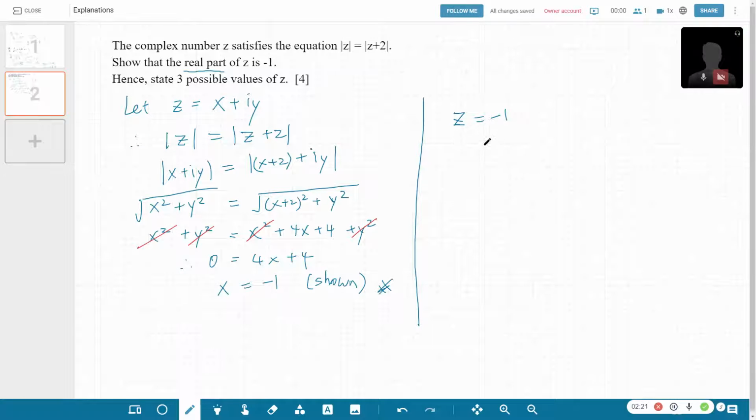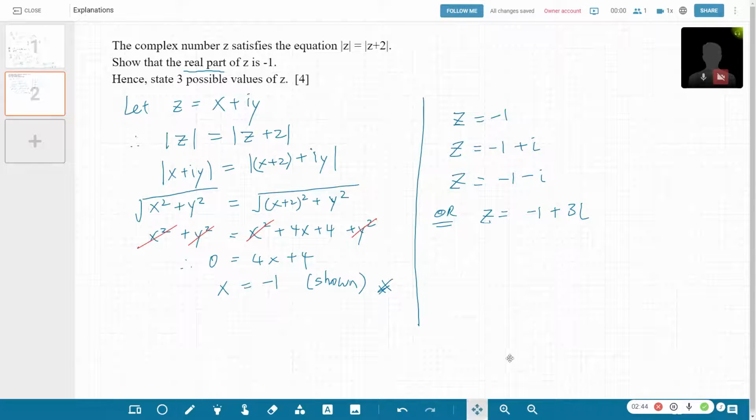That means I can let z also be -1 plus i, or -1 minus i, or -1 plus 2i. It doesn't really matter. Let me put a value, let's say z equals -1 plus 3i. So any of these, by right, is supposed to be correct.